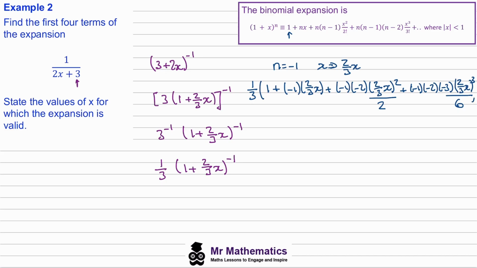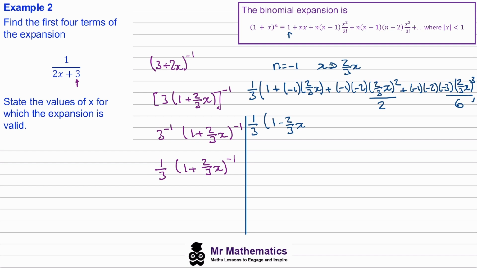So now we can tidy up each of these terms. We'll have 1/3 multiplied by 1. This will become negative 2/3 x. You can see that this 2 will cancel with this one, and then we'll have negative 1 times 2 over 3 squared.